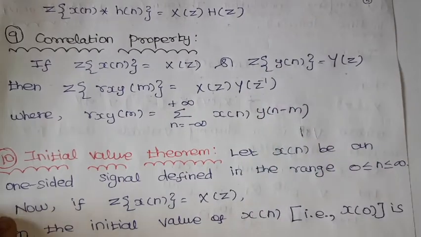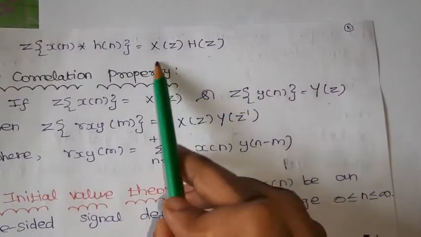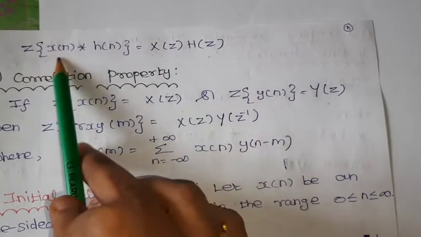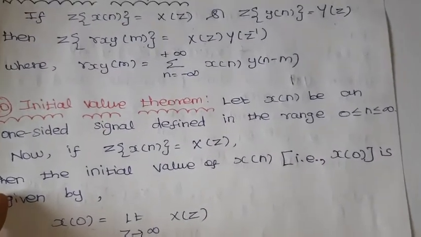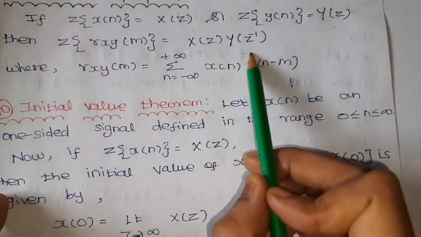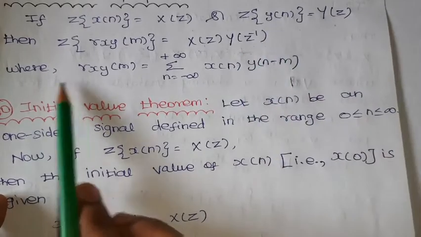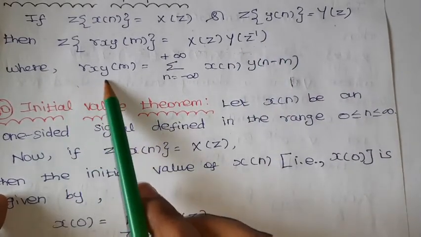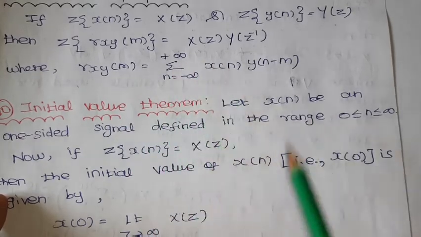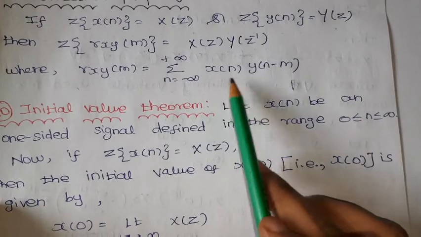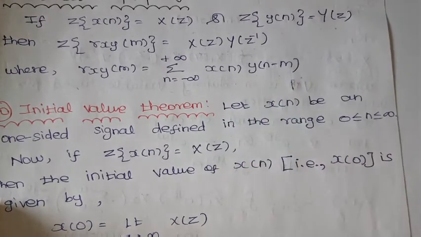Please note that for convolution it is multiplication of the same sign: x of n gives X of z, h of n gives H of z. Here for correlation there is a difference: X of z into Y of z inverse, where rxy of m is equal to the summation over n from minus infinity to infinity of x of n, y of n minus m.